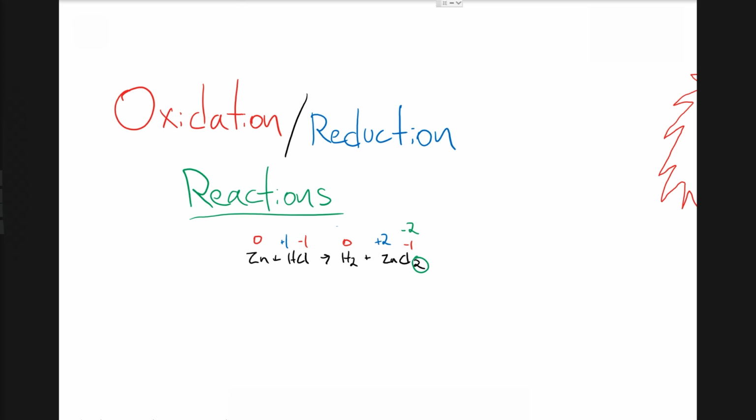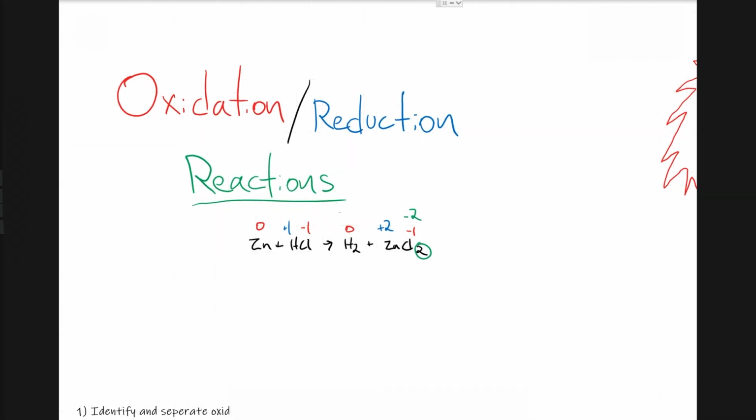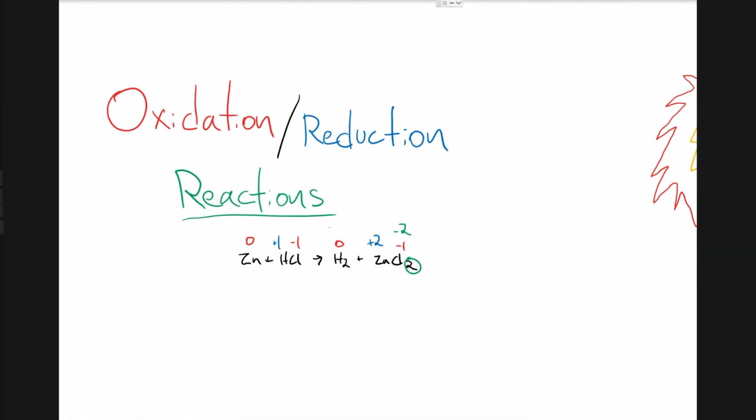You follow? So if we come down here and take a look at what exactly is going on, well, we know that we need to set the oxidation and reduction for both things on the left side of the equation. So zinc started at 0 and it ends at +2. You see that? Because zinc right here has 0 and zinc right here has +2.